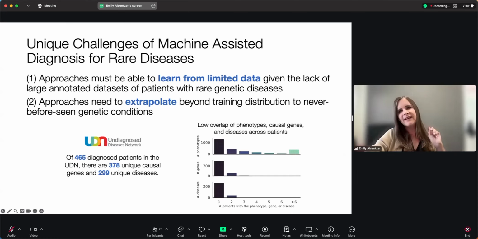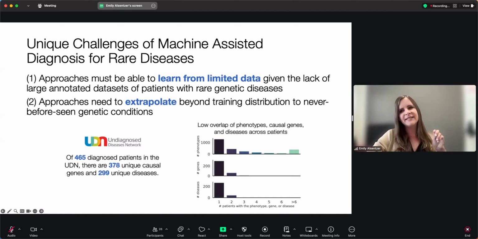So let me give you a better idea of this challenge using patients from the Undiagnosed Diseases Network. The Undiagnosed Diseases Network, or UDN, is a multi-site program across the US where the goal is to diagnose patients with these rare diseases. Of 465 diagnosed patients in the UDN, there's around 378 unique causal genes represented, 299 unique diseases represented.